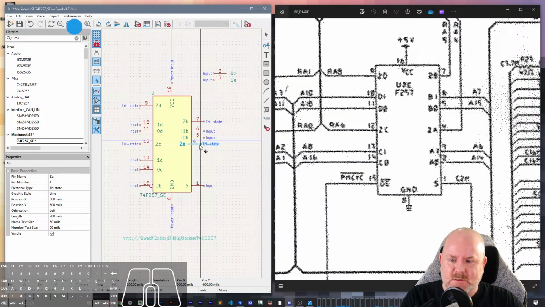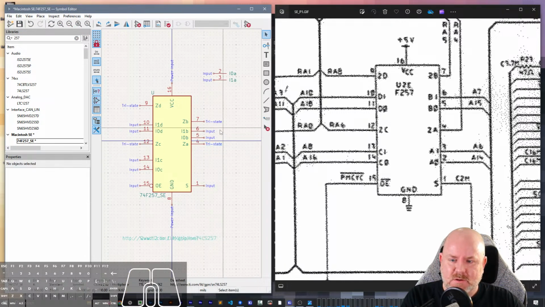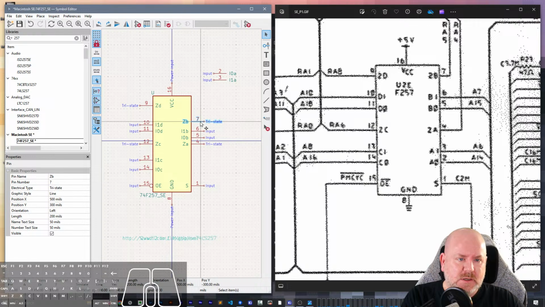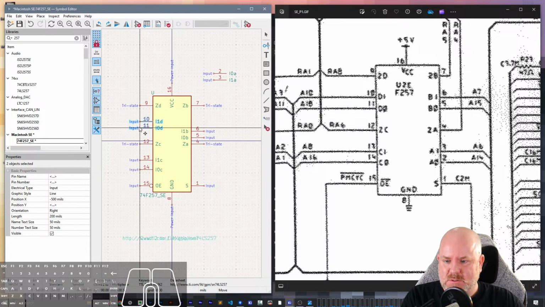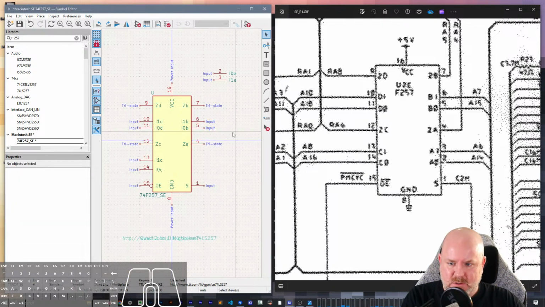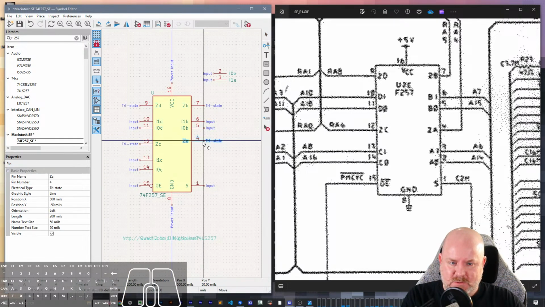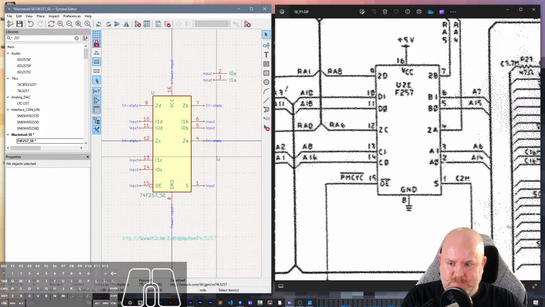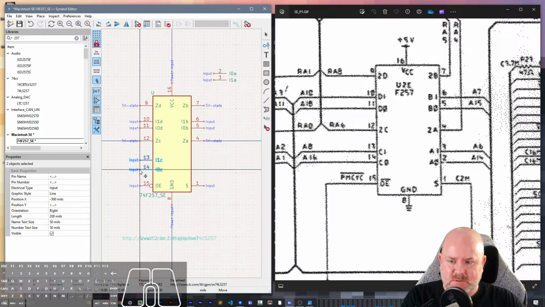Because ZA is going to go right about here. And then ZB is coming right about there. And then that means this one is roughly there. 6 and 5 goes here. And then both of these look like they're in the middle of the chip. And then these, let's go 13 and 14.